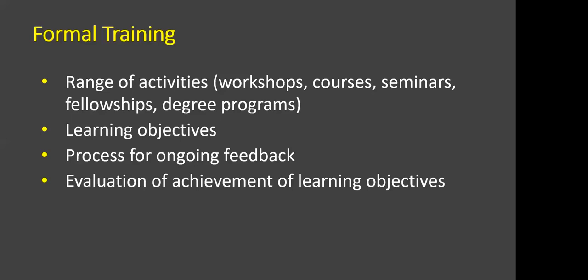Formal training involves some specific learning objectives. That seems pretty straightforward, but what separates it from informal training is that there's an ongoing process to evaluate the educator who's becoming trained, and how well they have achieved the learning objectives of the formal training that they experienced.